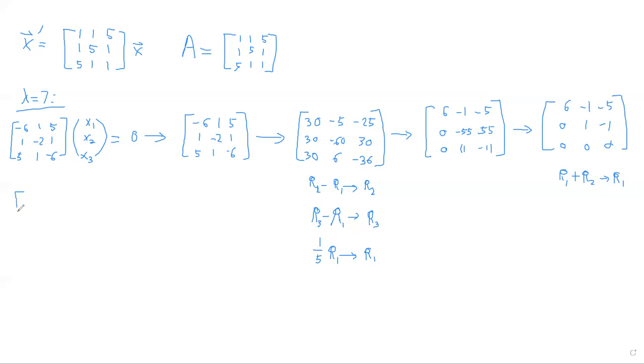Okay, and then that is equal to 6, 0, R1 plus R2, that's -5 plus -1 is -6, 0, 1, -1, 0, 0, 0. I'm going to divide row 1 by 6.